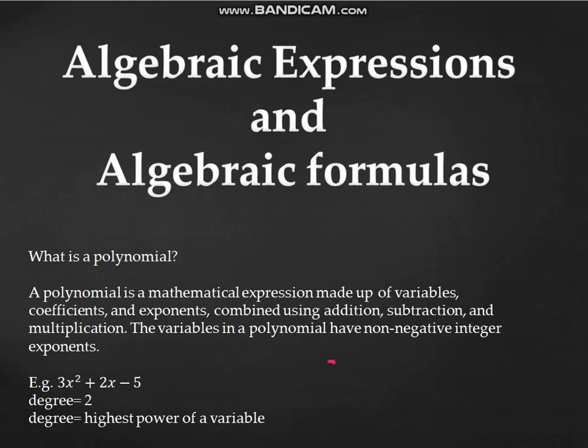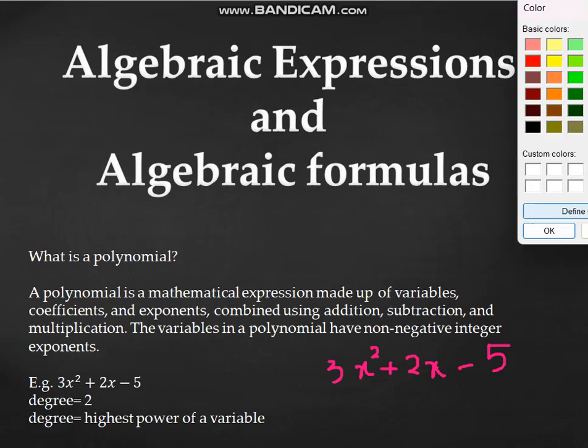It's 3x squared, and then plus 2x, and then negative 5. Do we see that there are any negative exponents? Well, exponents are basically these.